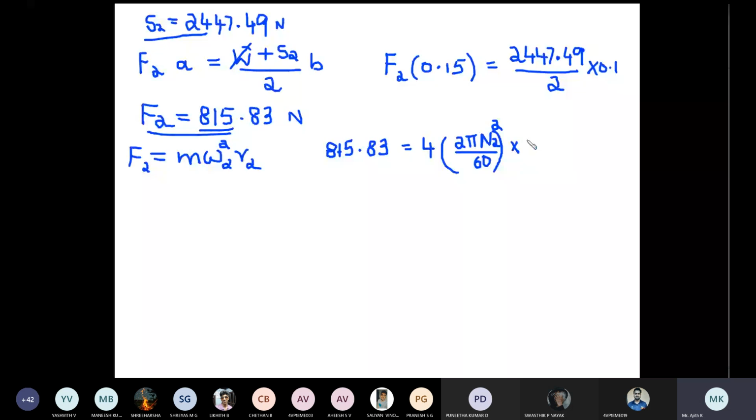The value of R2 is 0.17, which you already calculated. Therefore, you will get the final required answer as N2 equal to 330 RPM. This is the final required answer.